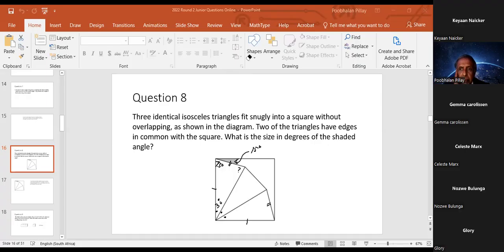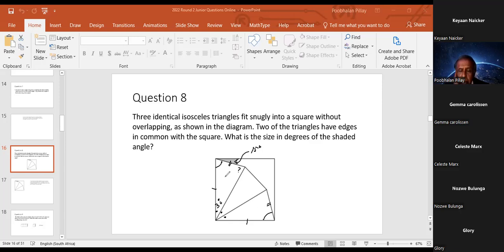It's not given. So if you really want to know, then you can say, well, these are identical. So therefore, these angles will be the same. This angle here, they're congruent, you see.